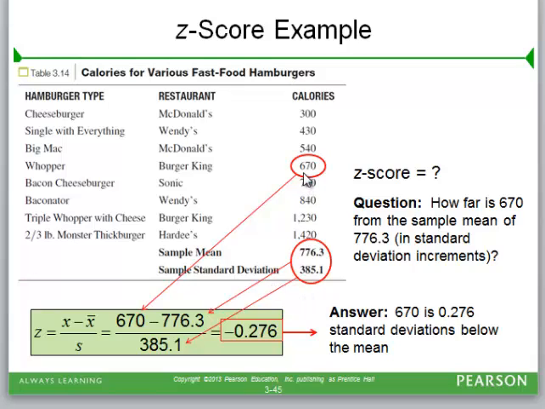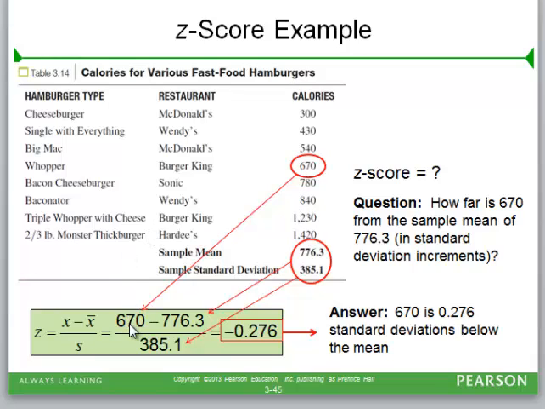We want to find out the calories of the Whopper at Burger King, how far this value is away from the mean number. So we calculate the z-value, because the z-value measures the difference between the value and the mean number by standard deviation, meaning how many standard deviations this value is away from the mean.